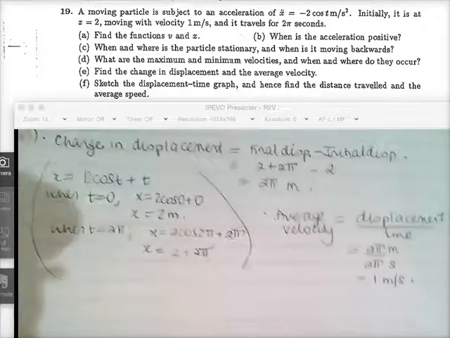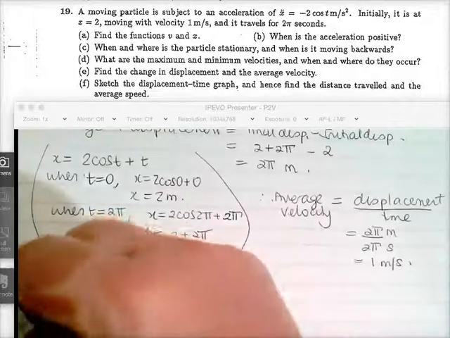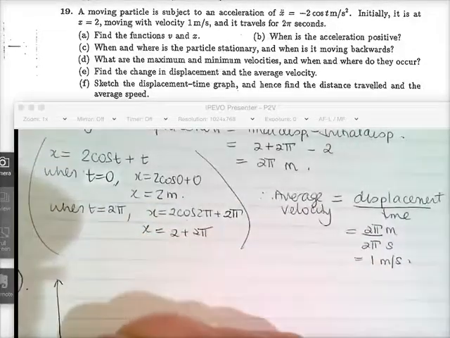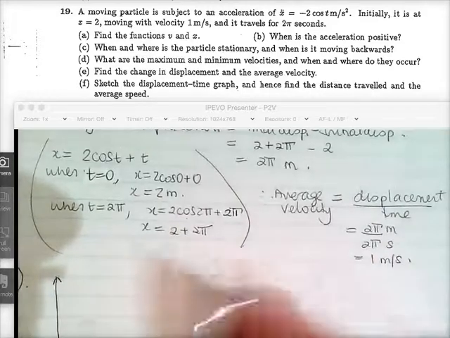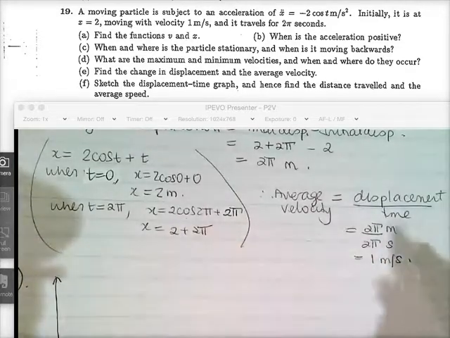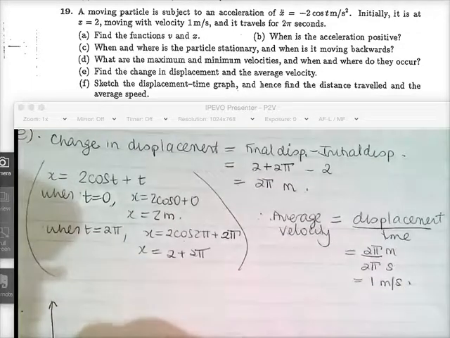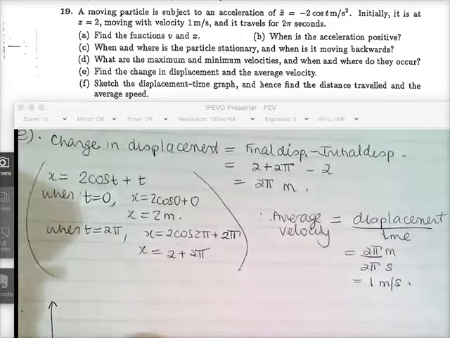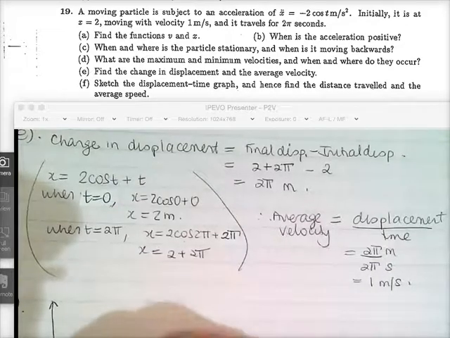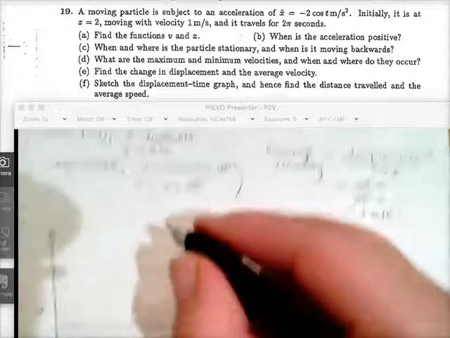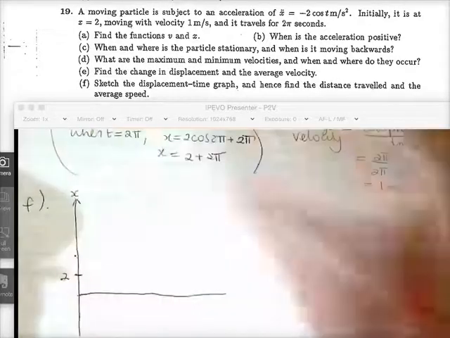And now the last part of the question is to sketch the displacement time graph and hence find the distance travelled and the average speed. Now we know that the initial displacement was 2. I might put that down here somewhere. So initial displacement is 2.